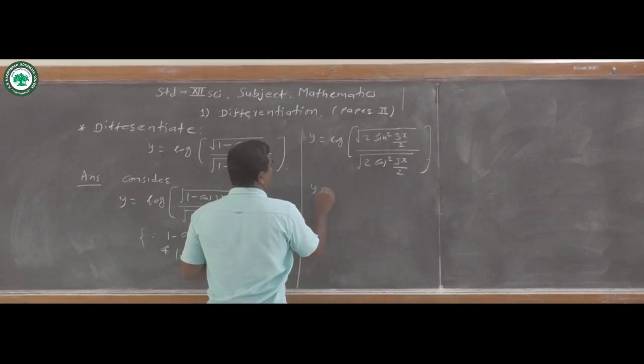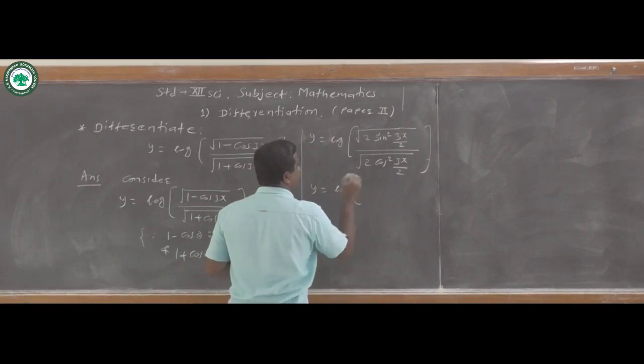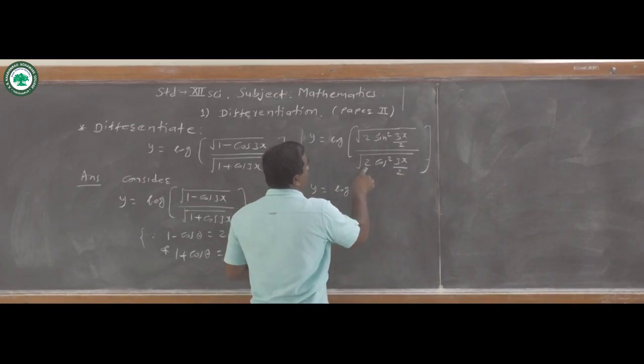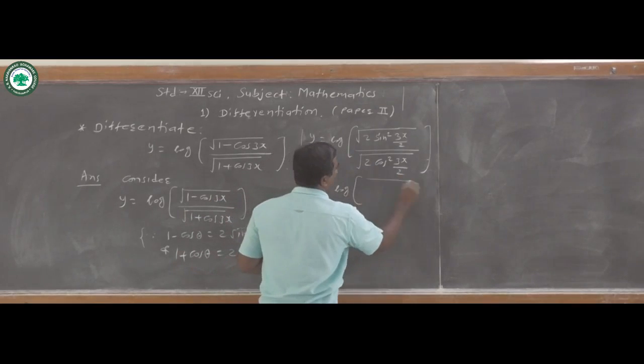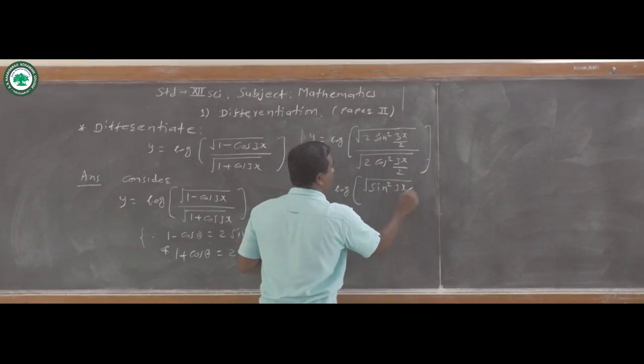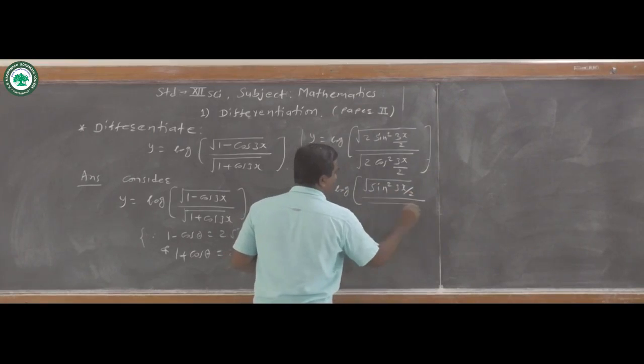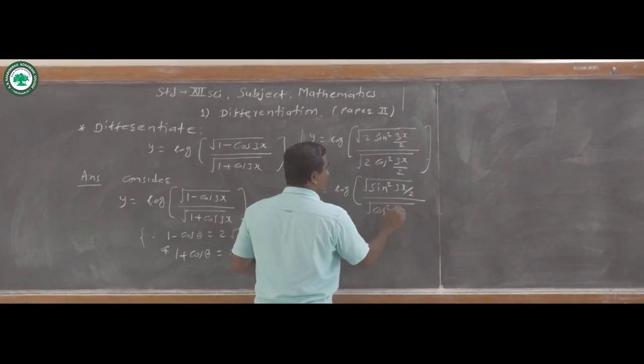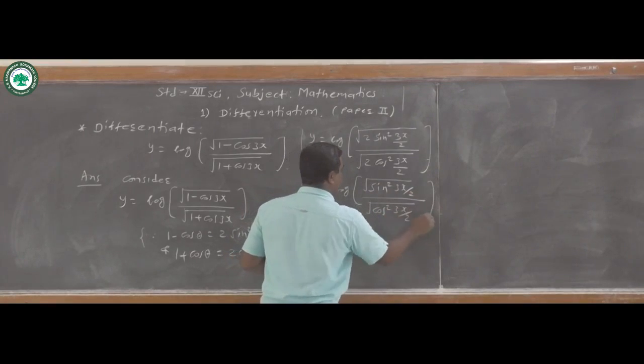Okay, that is y is equal to log of, in bracket, now this 2 under root cancels out, remains only under root sin square of 3x upon 2 divided by under root cos square 3x upon 2.